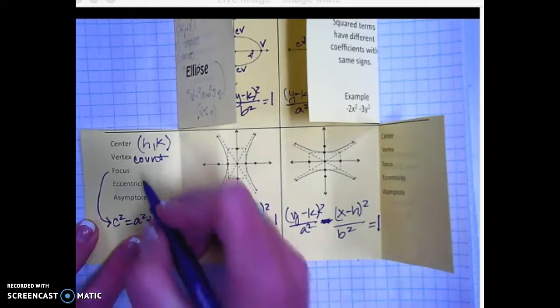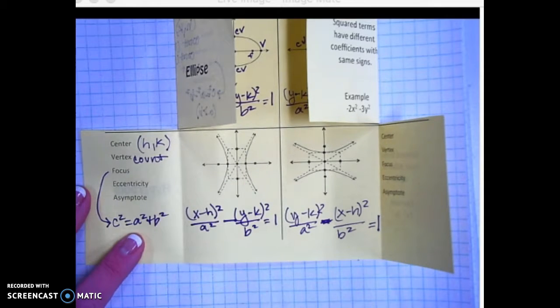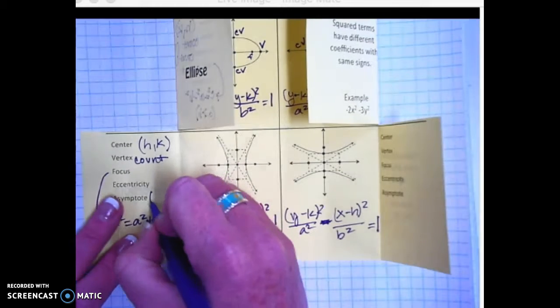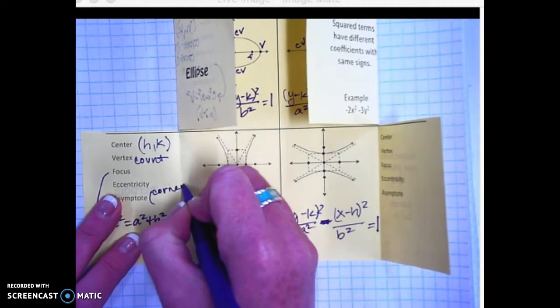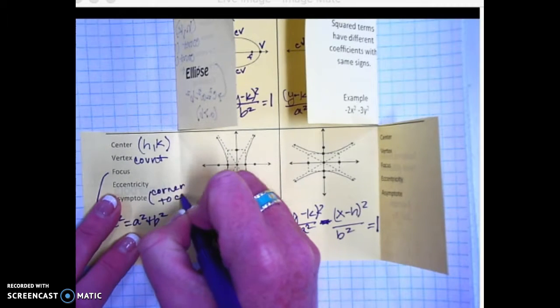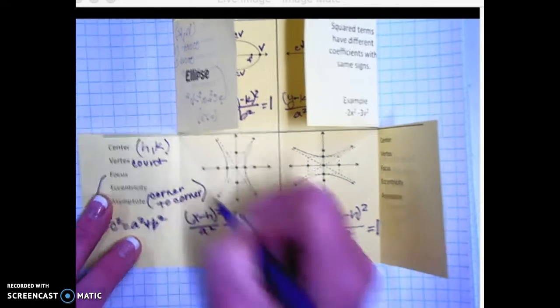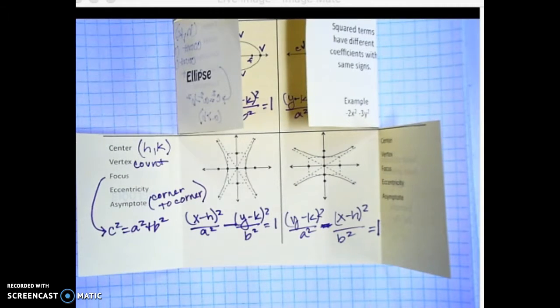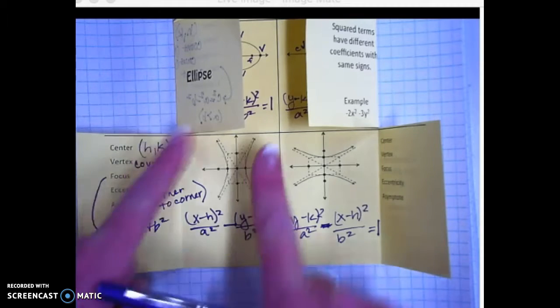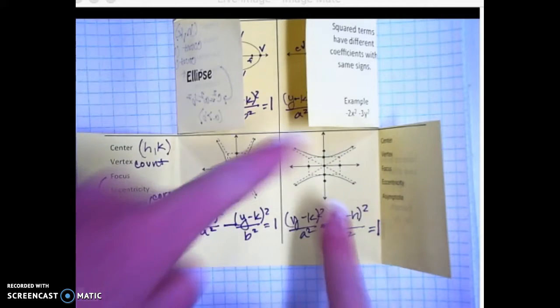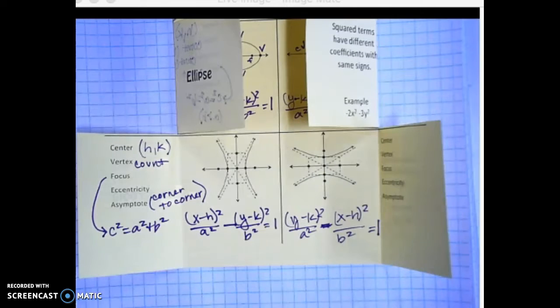And then your asymptotes, there is an equation, and when you get to pre-calc and calculus, they're going to teach it to you. But for now, we're just going to draw corner to corner. Right? How I had you take your ruler, your student ID, and just draw in those asymptotes. And then determine whether your hyperbola opens left and right or up and down. Okay? So this is like a quick little something for you to look at.